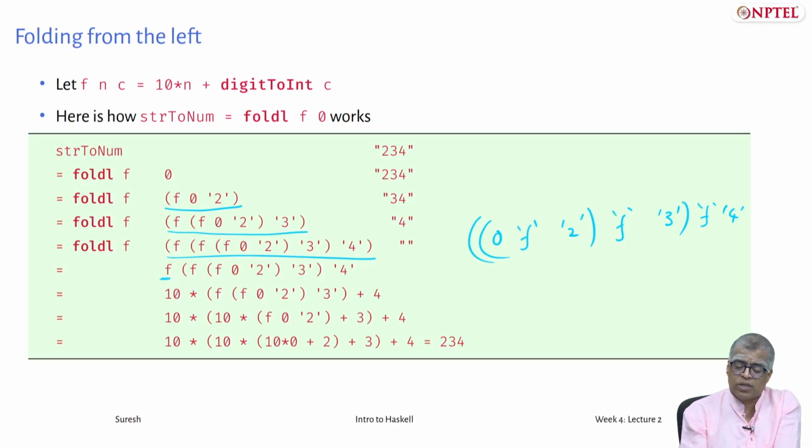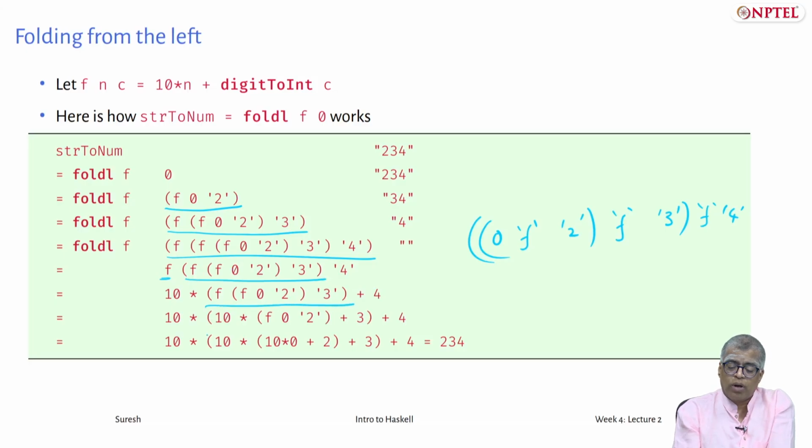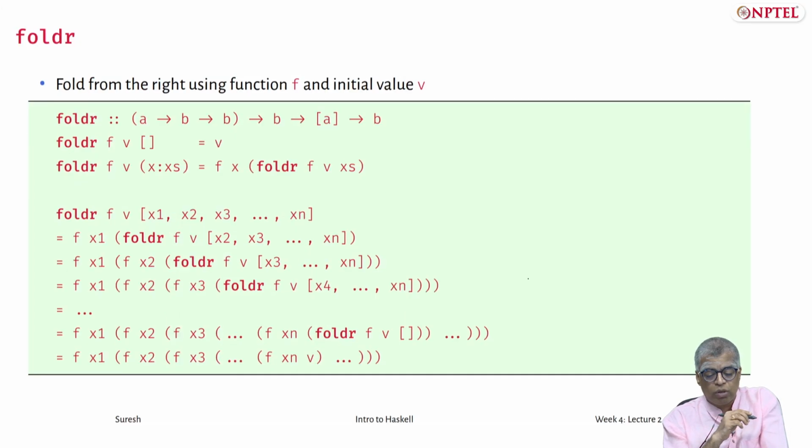The outermost f it will first simplify, it will say 10 times f of this expression plus 4, then this inner f of 0 2 etc. is nothing but 10 times f 0 2 plus 3, and f 0 2 is nothing but 10 times 0 plus the number 2 rather than the digit 2. Then 10 times 0 plus 2 is 2, 10 times 2 plus 3 is 23, 10 times 23 plus 4 is 234. So you will get this. This is how you can trace the computation of a foldl. Good.